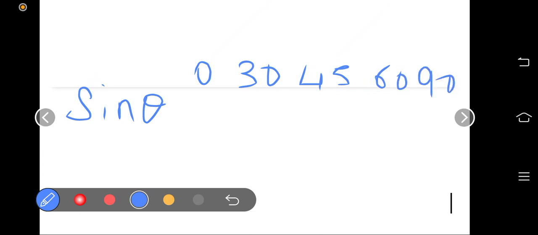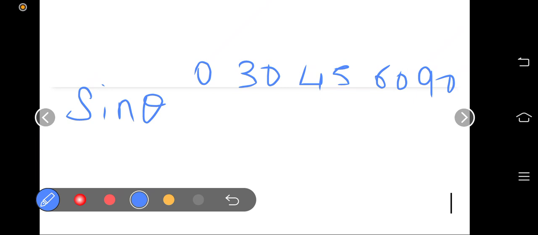To derive these five values, you have a small trick. Whatever you do, you have to learn the sin theta values, because everything is dependent on sin theta.